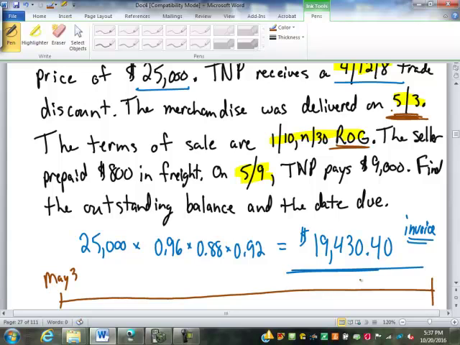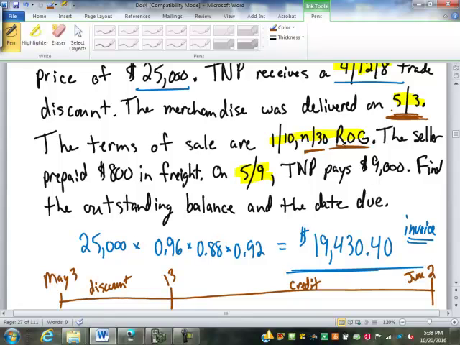So our timeline starts on May 3rd. What's going to be the end of the discount period? 13th, 10 days. Good. What will be the end of the credit period? June 2nd, 30 days, right?